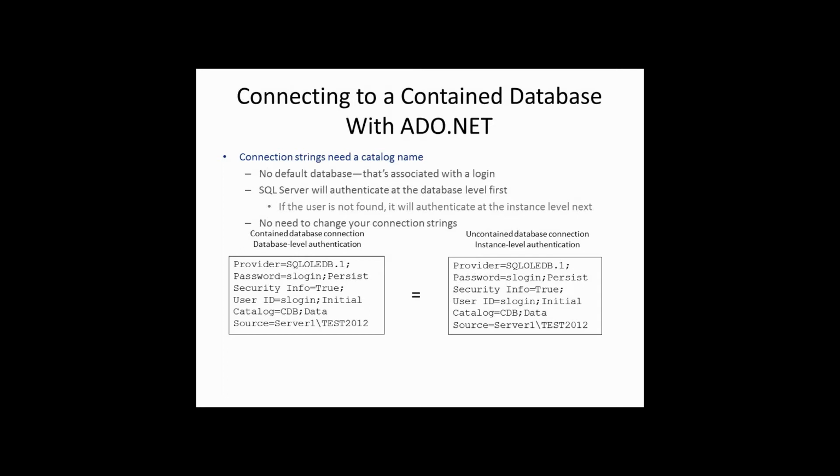The one thing to be aware of is that if you're depending on default databases, that's not going to exist for contained database users. The default database goes with a login, not with a user. So that could bite you if your applications depend on a default database.